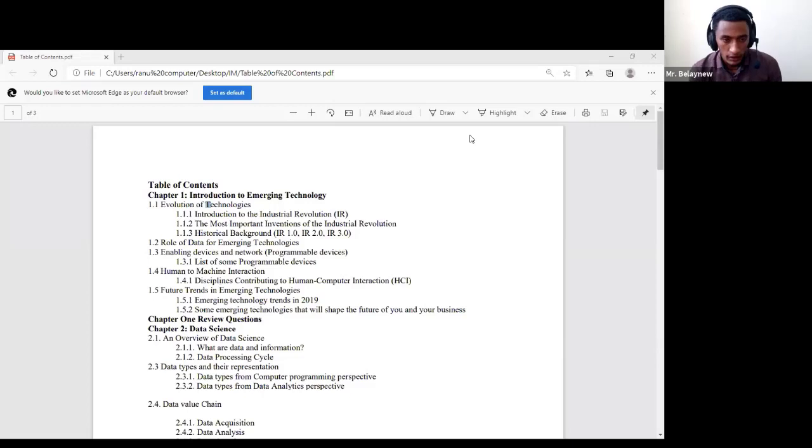Also, we will see future trends in emerging technology, in 2019, 2020, and so on. Currently, nowadays, we are in the fifth generation of computers.